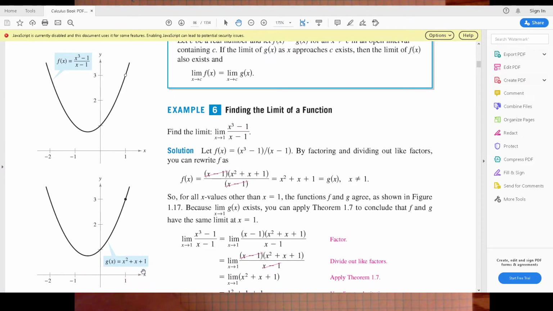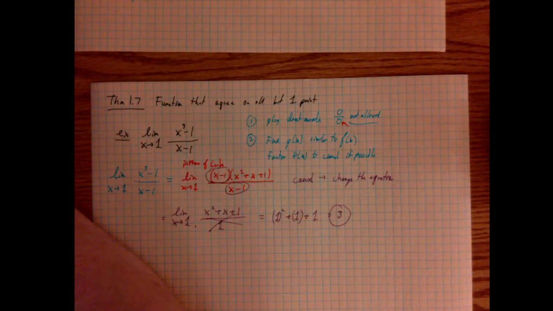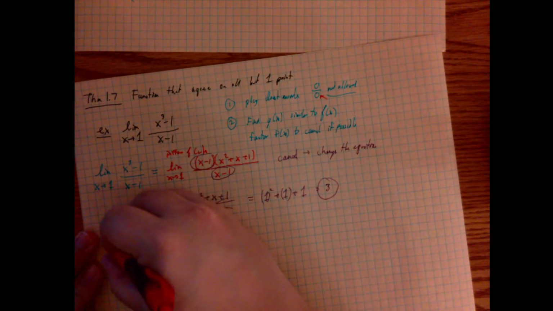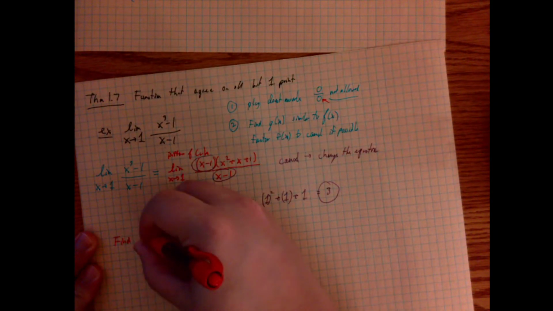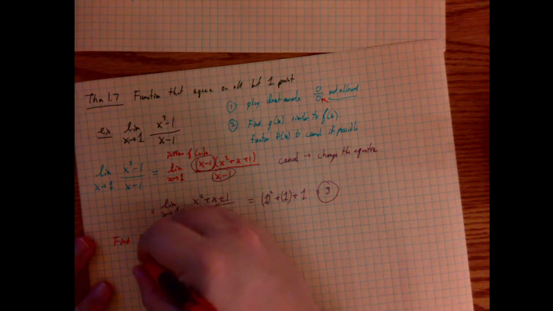For some of your problems tonight, they ask you to find g of x, or they might say, find a similar equation.